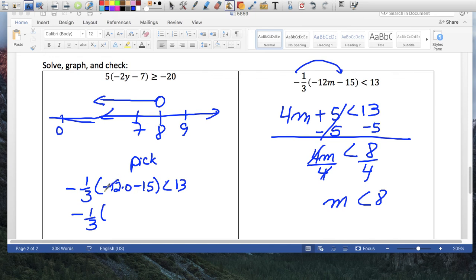Negative 12 times 0 is just 0. So this goes, I can even erase it. And I get negative 15 less than 13. Negative times a negative is a positive, and 1/3 times 15 is just 5, and 5 is less than 13. So you know this inequality is true. So everything is correct. Is there anything else?